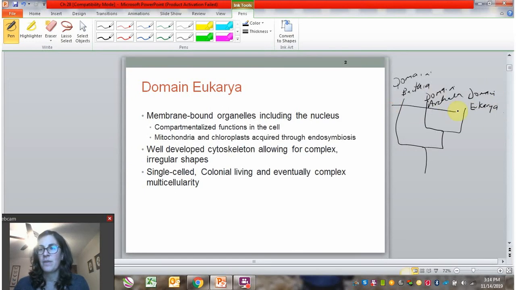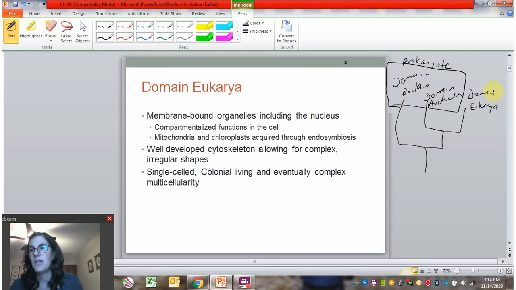And so domain bacteria and domain archaea are loosely categorized as the prokaryotes, even though they are not super close relatives. And we are going to focus now on domain eukarya.